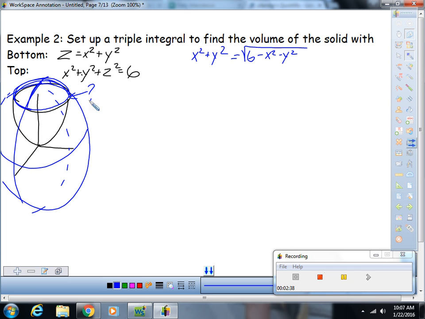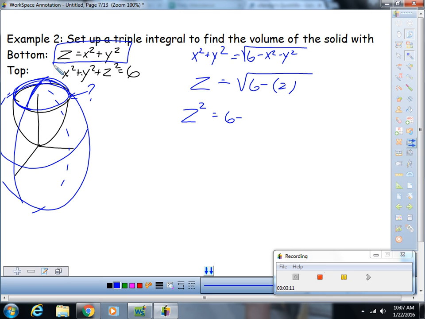So instead of setting it up like that, isn't that true? Isn't x squared plus y squared equal to z? So then we could write it like this. Right? Square both sides. No, shoot. That's a z. Z equals x squared plus y squared.